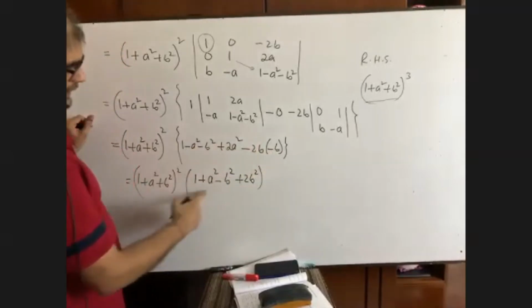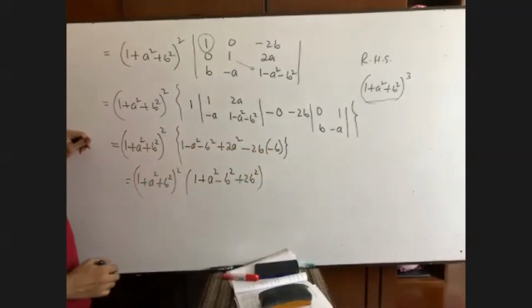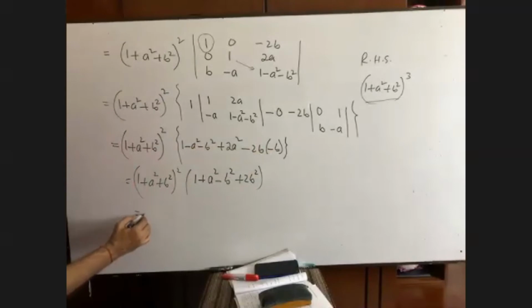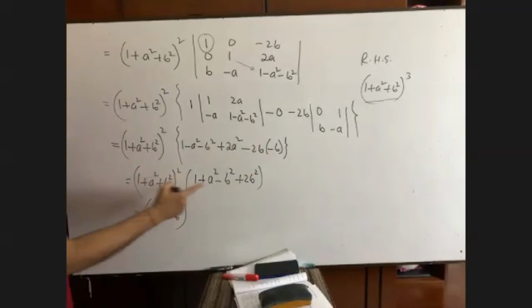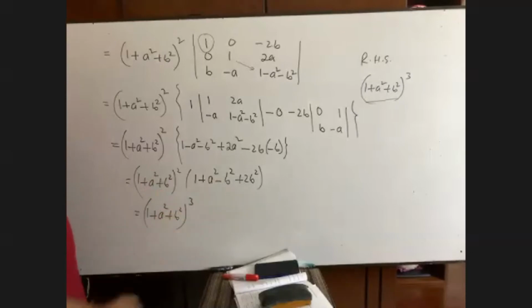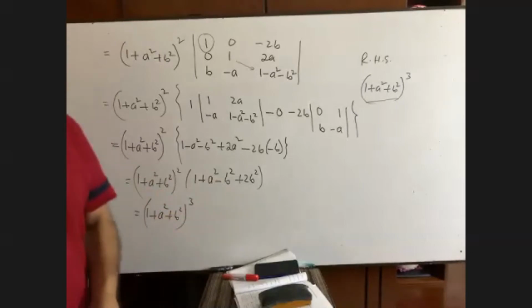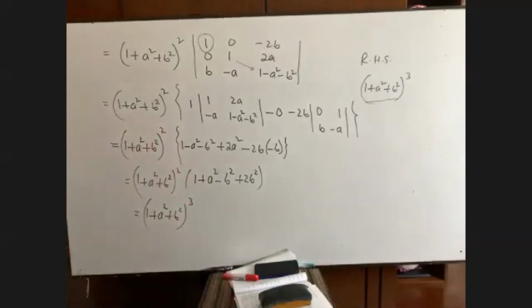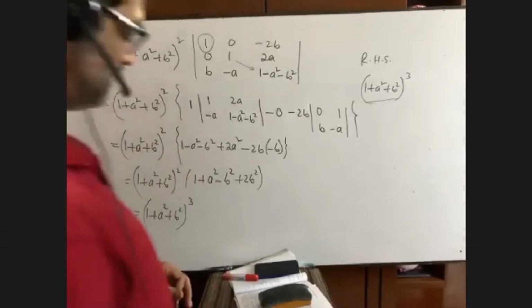Now if we calculate it, we will get 1 plus a square plus b square. That means as a result, 1 plus a square plus b square, this is whole square. There will be another 1 plus a square plus b square. It will make power 3. If you want to answer this math in the exam hall, you have to do this math minimum 10 times at home.